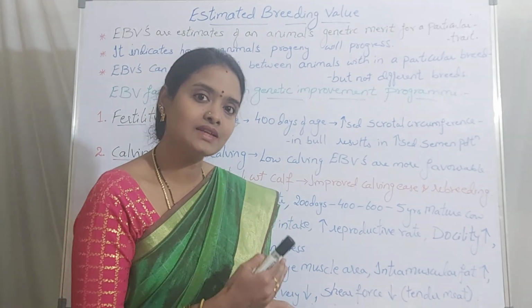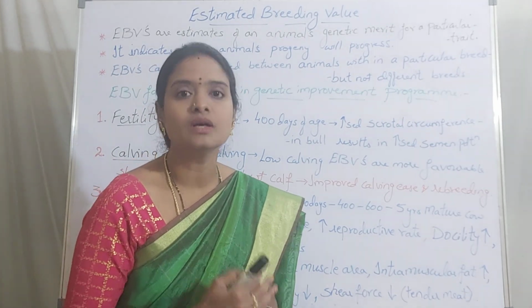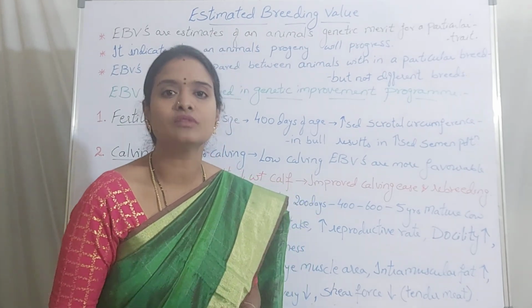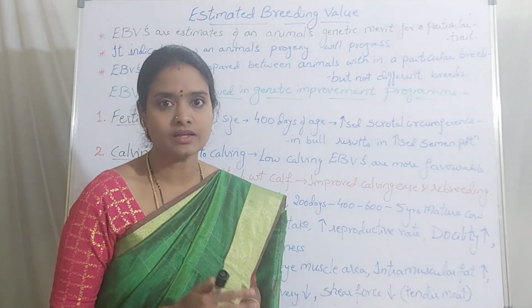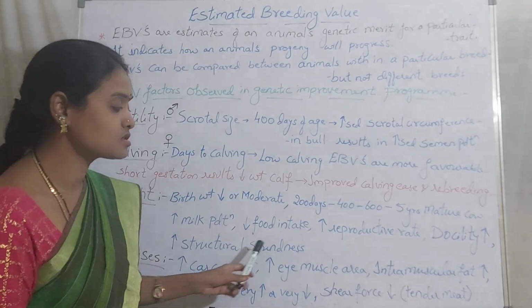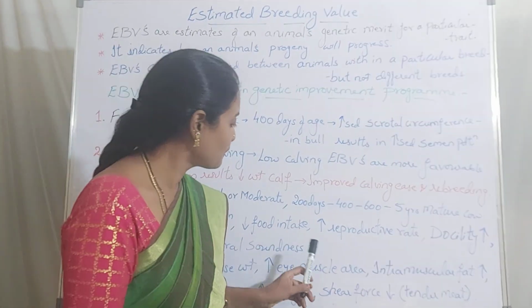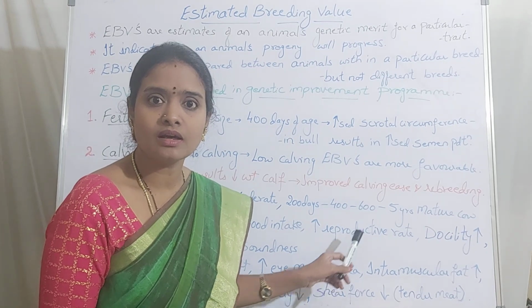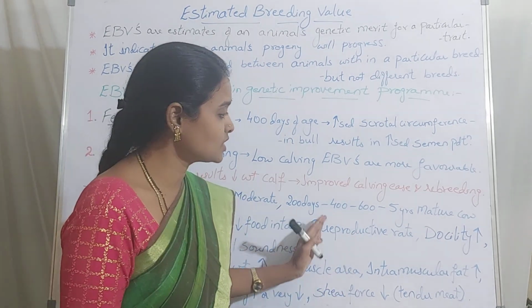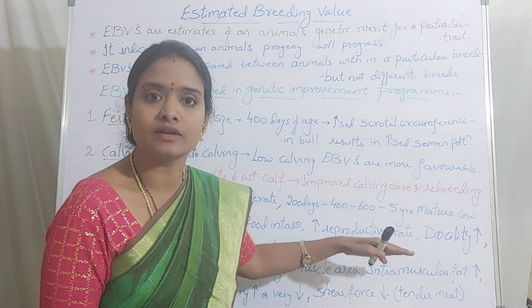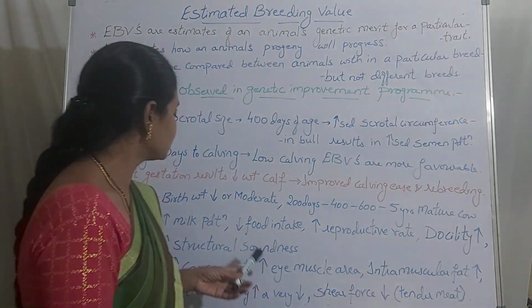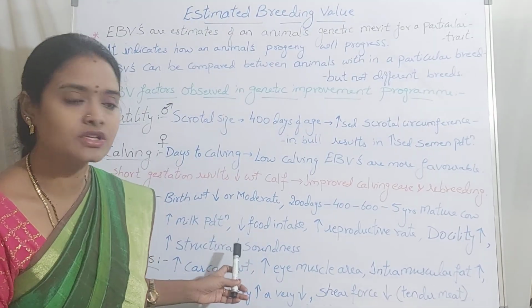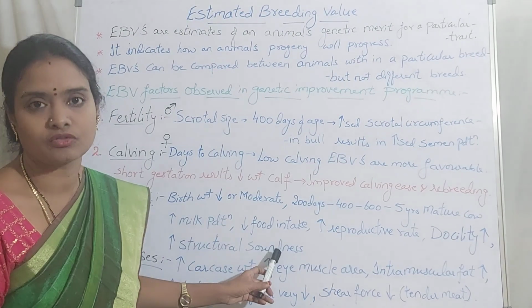When it is getting adjusted to the new environment, the growth and the size of the animal will also be high. Apart from that, in structural soundness, you are going to check the feet and the feet angle, and claws. Like that, you are going to check the animal's legs and all. So here, physical fitness is observed in the case of structural soundness.